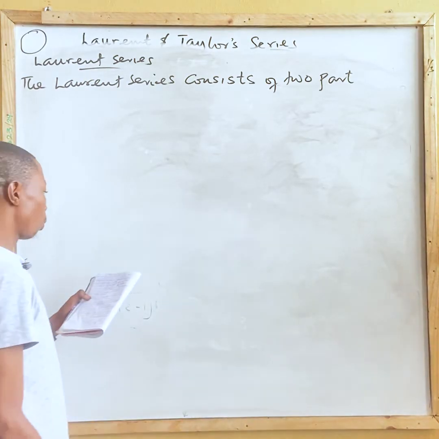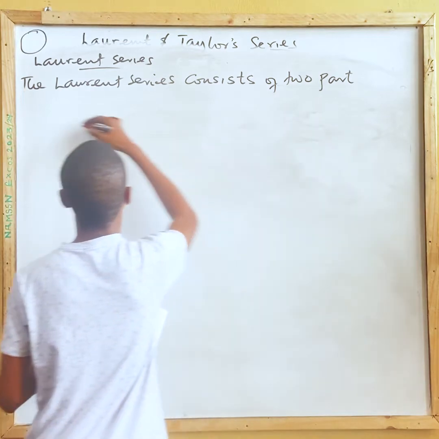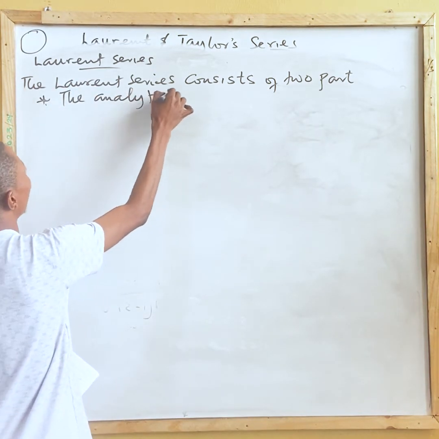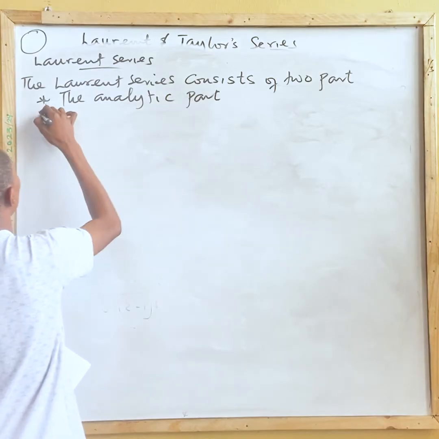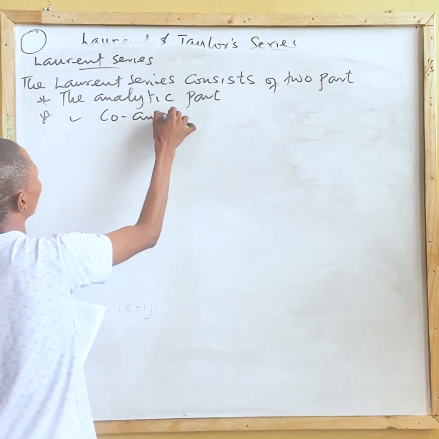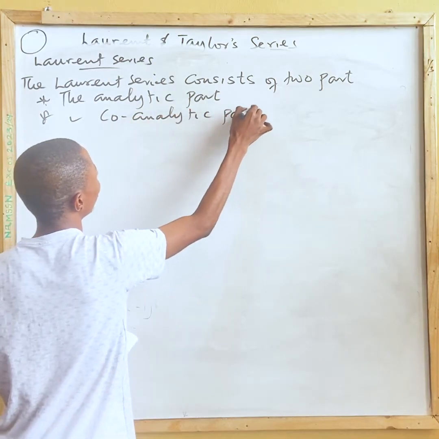So it consists of two parts. Number one is the analytic part, and we also have the co-analytic part. So how does it look?